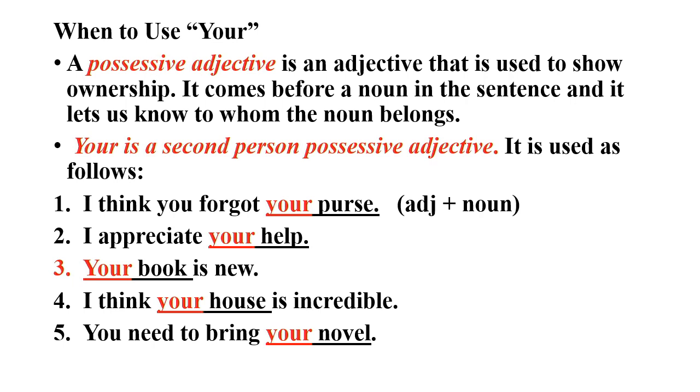Or you need to bring your novel. So whatever you do, when you are writing Y-O-U-R, if there is no noun after it, you are using the wrong word. If you mean you are, then you have to write Y-O-U apostrophe R-E. Otherwise, you need the other one, Y-O-U-R, to show ownership.